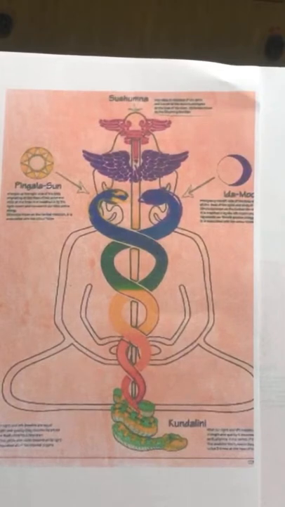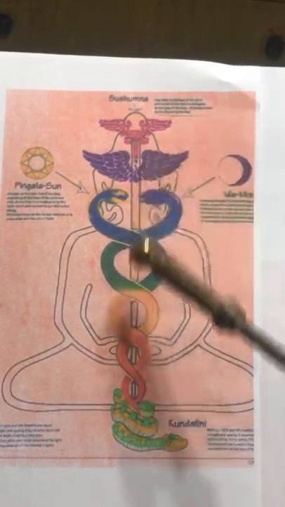Okay, the sun energy heats the body, and the Pingala cools the energy. Both the Ida and Pingala circle clockwise, looking down from the third eye down to Sushumna, the center staff.